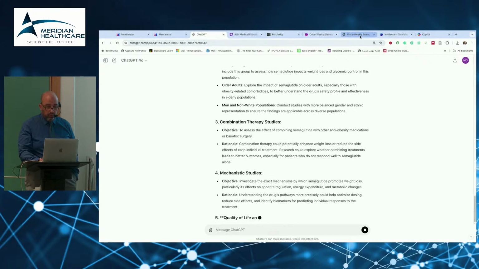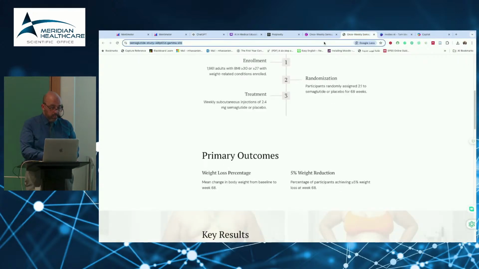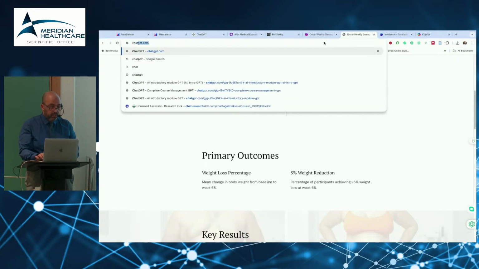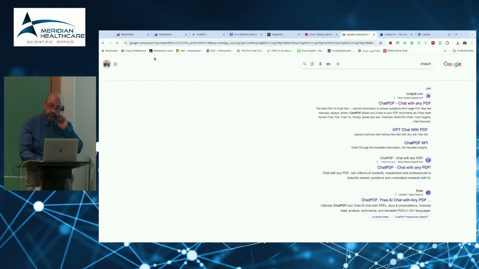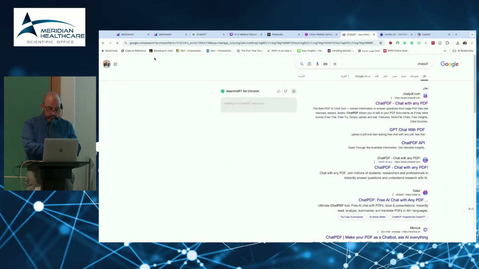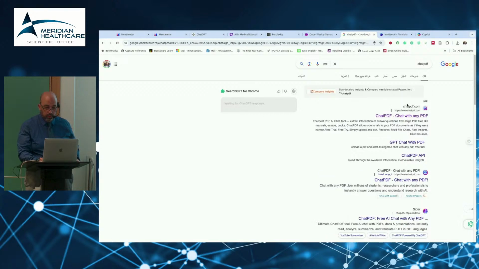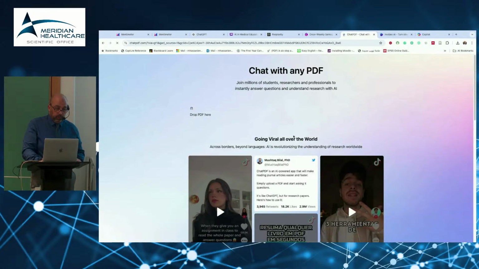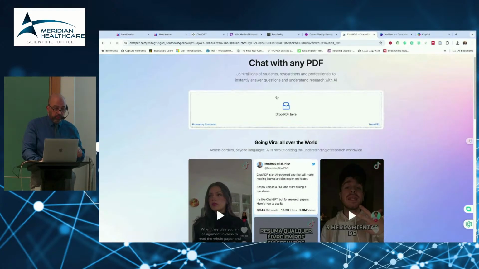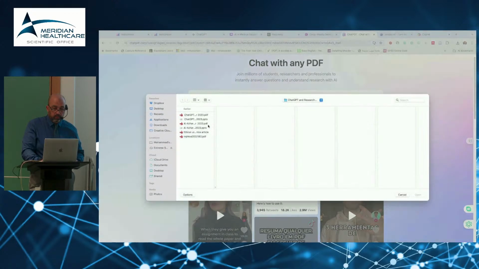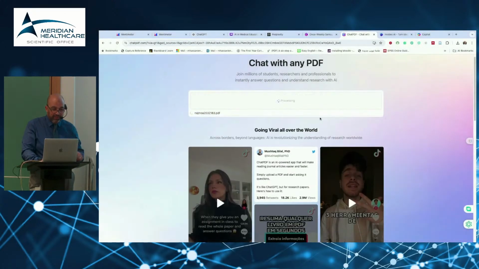We also have Chat PDF. Chat with any PDF. The same, and the free version of it is okay. This is the free version. Just here we browse in the computer the same way and select the same article.